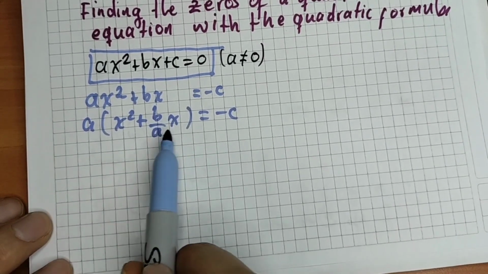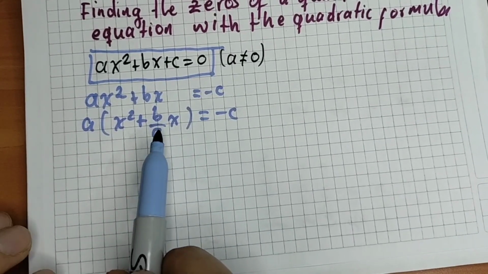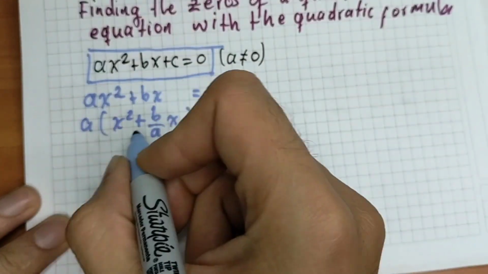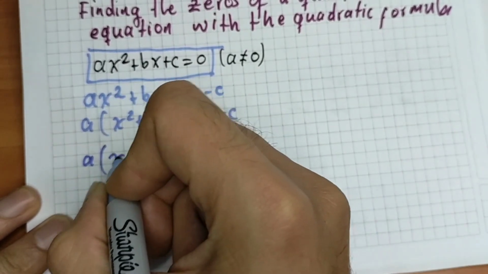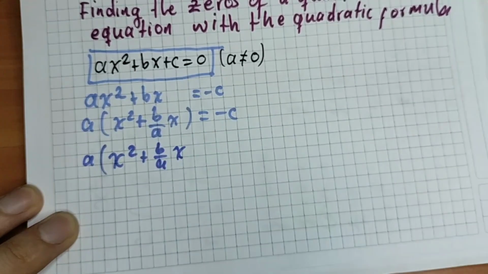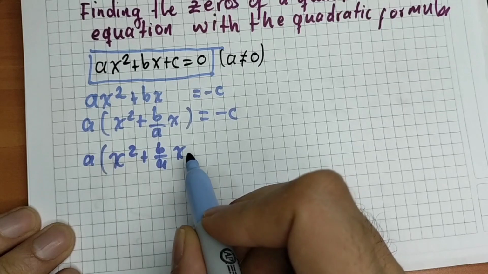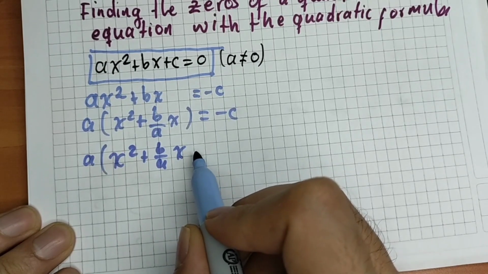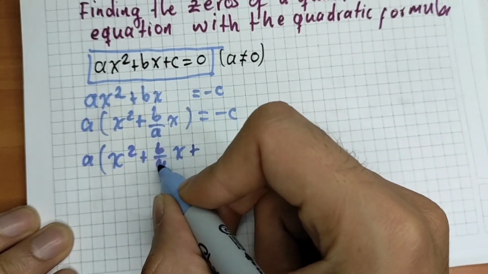Now I'm gonna turn this element that is inside this parenthesis into a perfect square trinomial. How am I gonna do that? I'm going to write again all this expression up to this position. So a times x squared plus b over a times x. And if you don't know this, I invite you to go see the video of completing the square. But at this point, you should know that the element that is going to complete this square is equal to 1/2 of the term b that I have here.